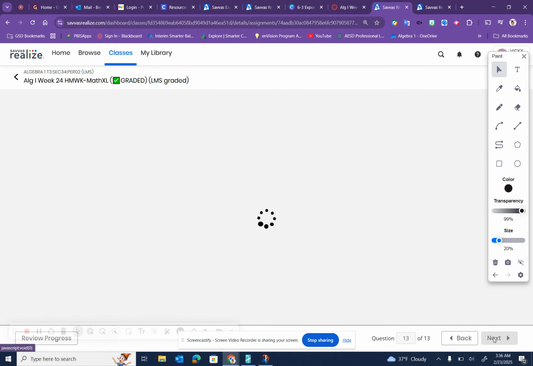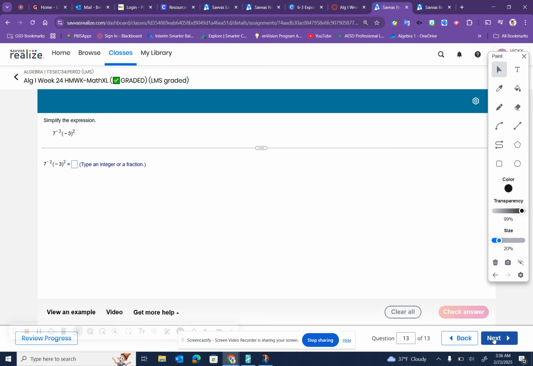And then the last question, you have 7 to the negative 2nd times negative 3 to the 2nd. In this case, you have different exponents and different bases. So I'm going to use the negative exponent rule and put the 7 to the negative 2 in the denominator. So that's the same base 7, but now instead of a negative 2, it's 2.